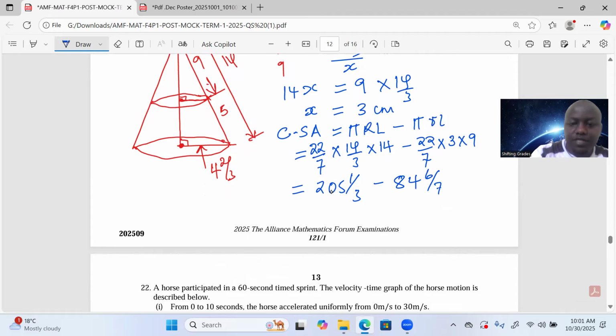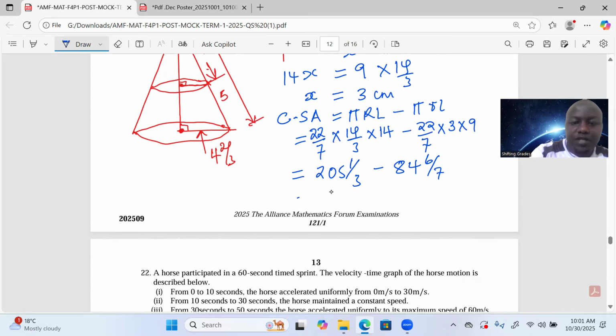Now we can talk about the difference. When you subtract 84 6/7 from 205 1/3, we get 120 10/21.